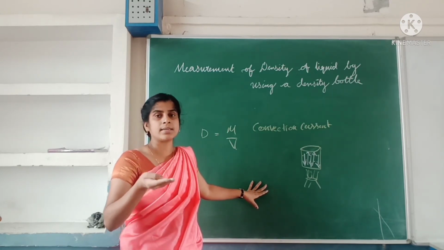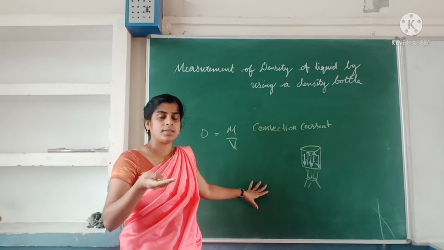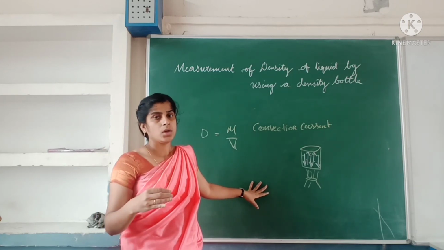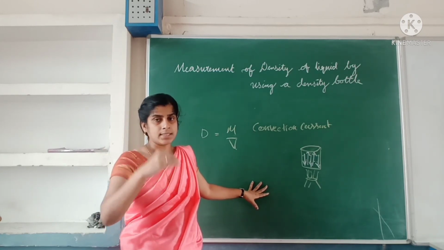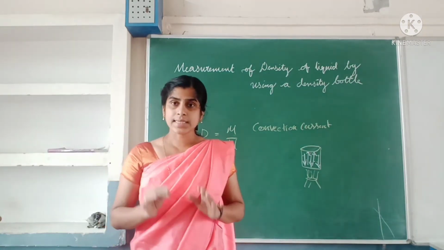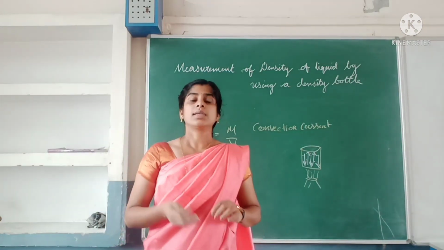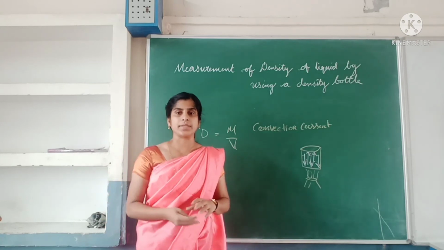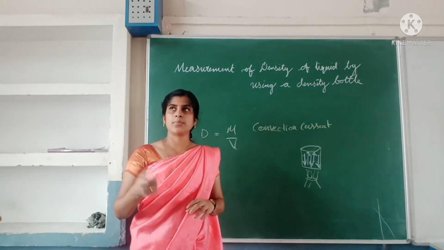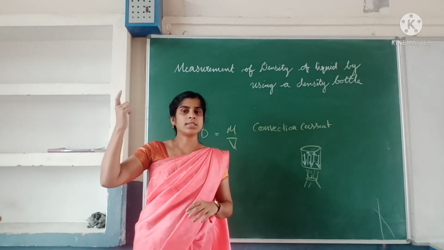So this lesser dense gas rises up and the denser gas comes downside. This convection current is responsible for the formation of weather, like the sea breeze and the land breeze, and we keep ventilators in the roof. Thank you.